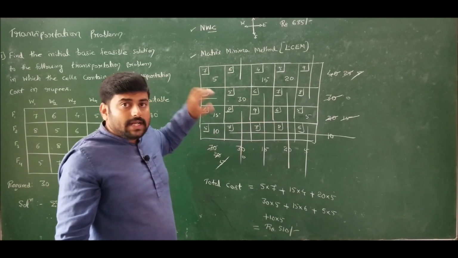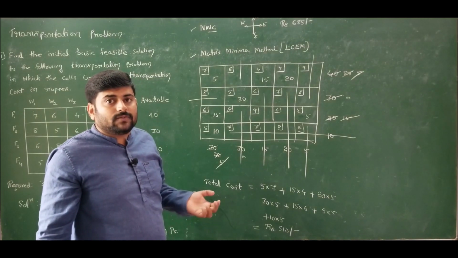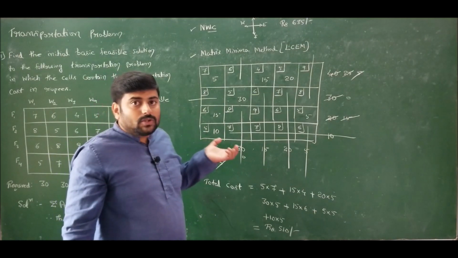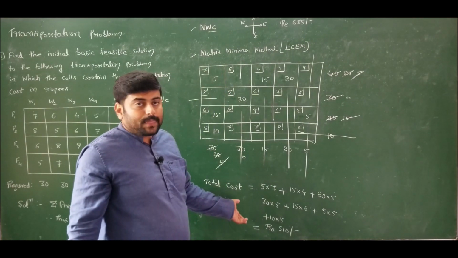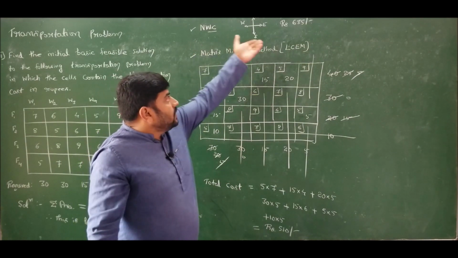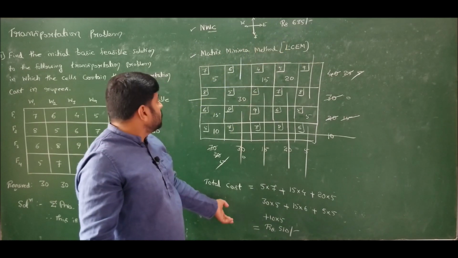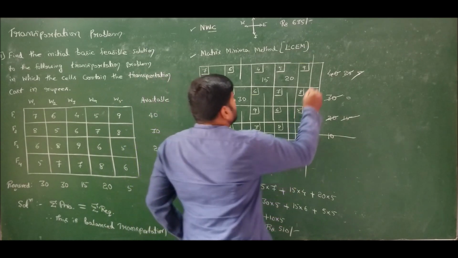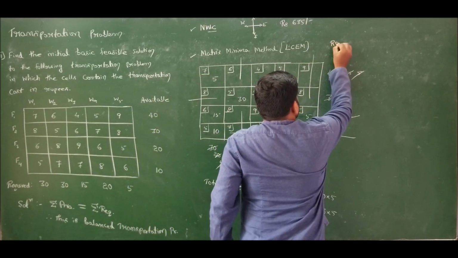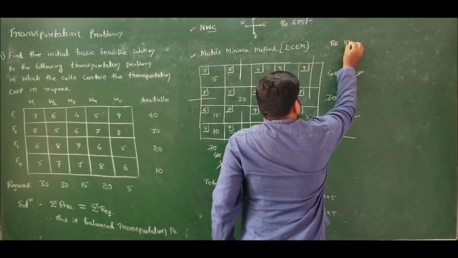So it is expected in the initial stage itself that the matrix minima method should give a better answer when compared to the northwest corner rule, and it is obtained so. In northwest corner rule we got rupees 635, whereas in matrix minima method we got rupees 510.